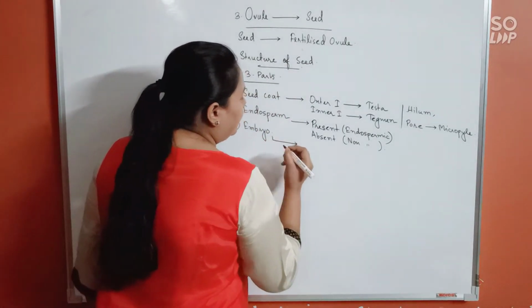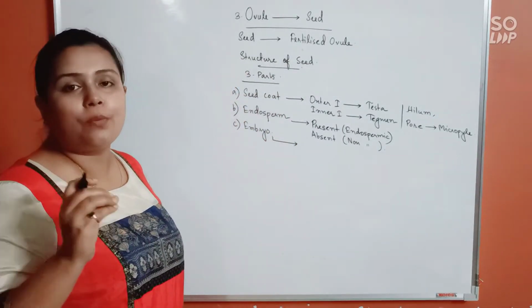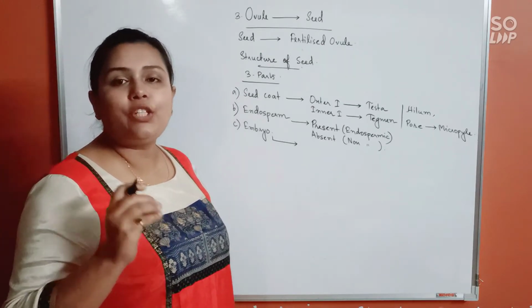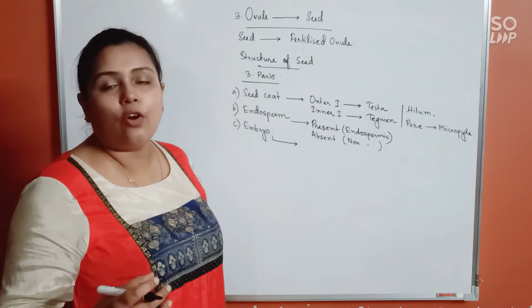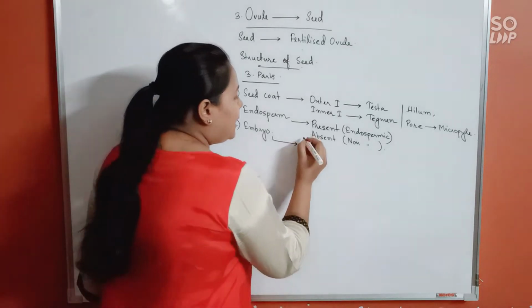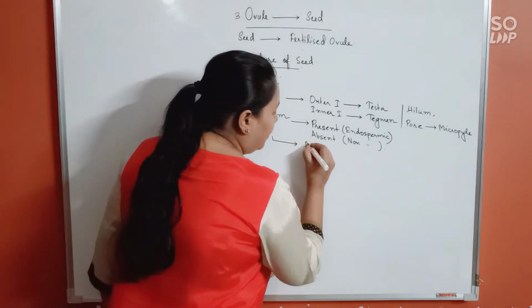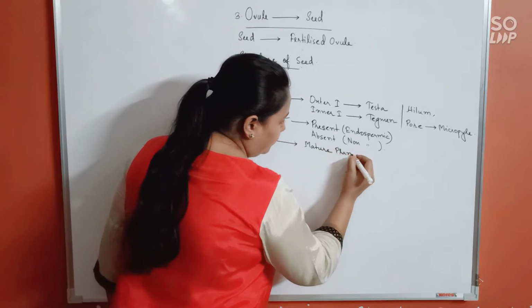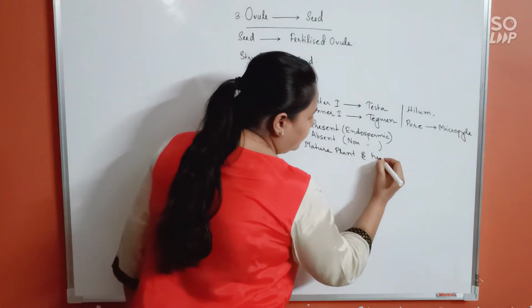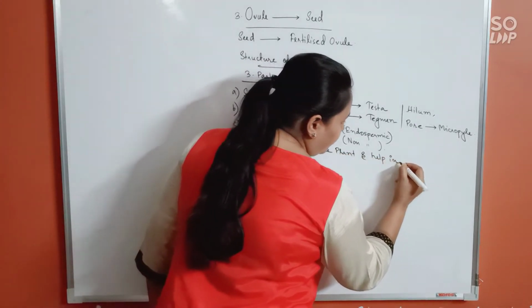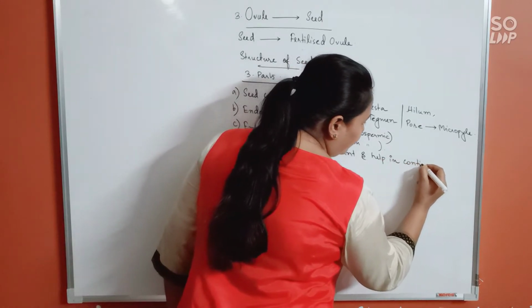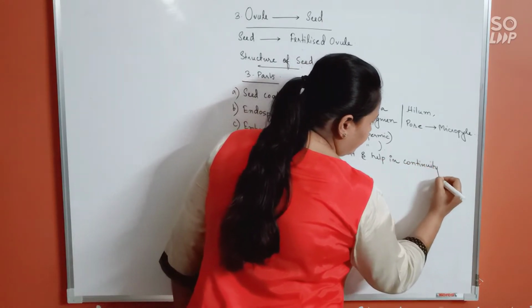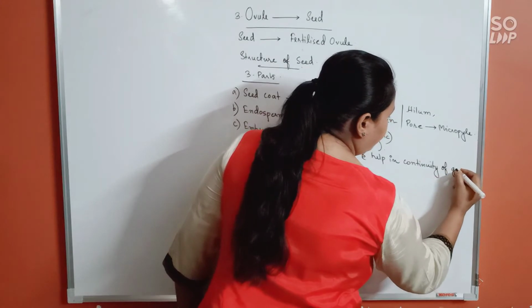Now, embryo. It is the most important part of the seed, which is the progenitor of the next generation. So it is going to give rise to a mature plant and help in continuity of generation.